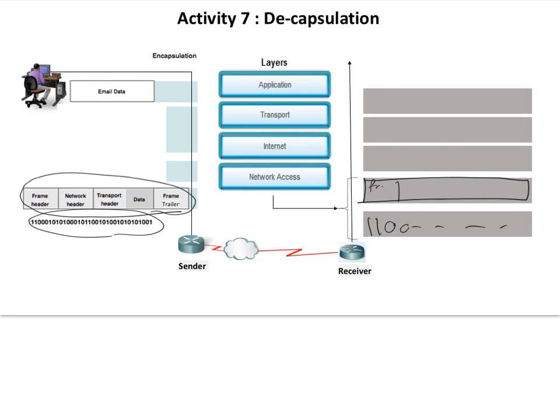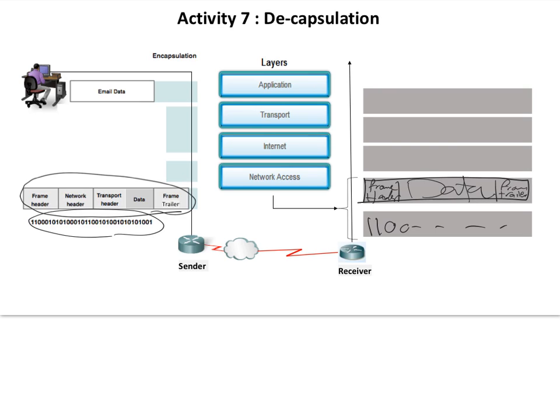So frame header, frame trailer, and no, I will not see anything inside. It's just, for me, data. In the network access layer, I will not be able to read the network header.